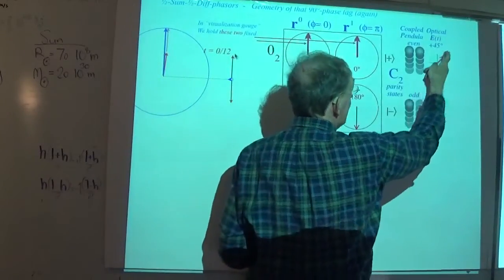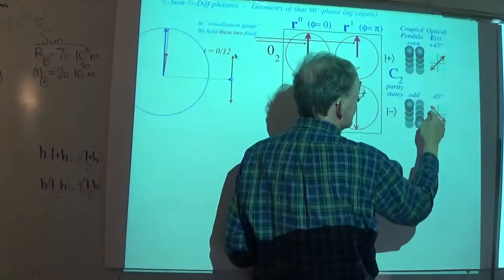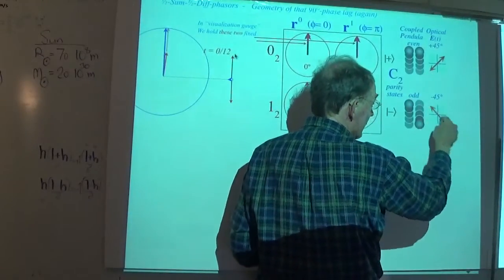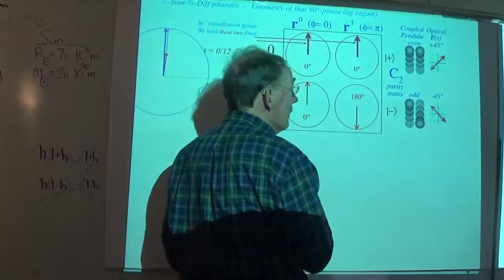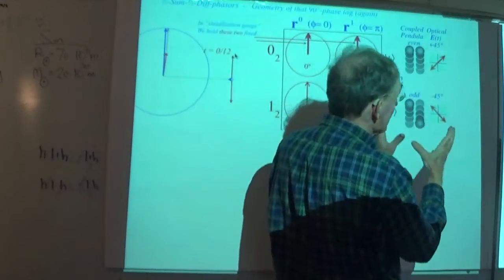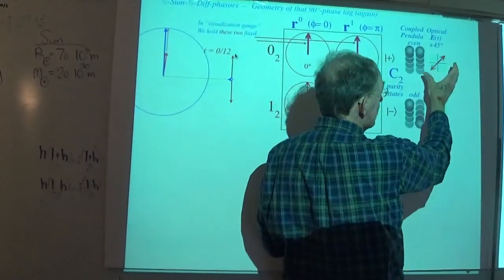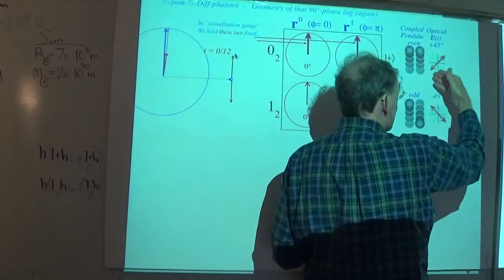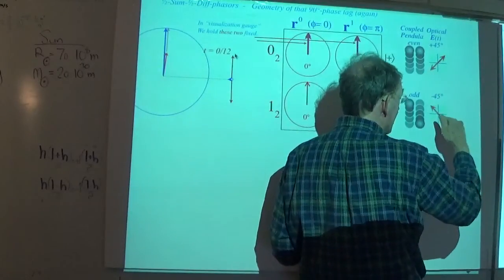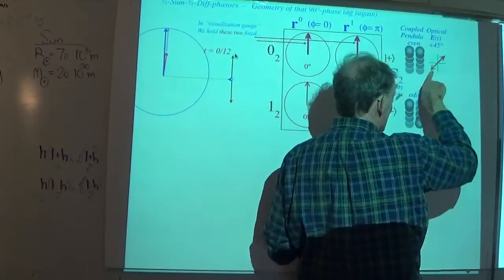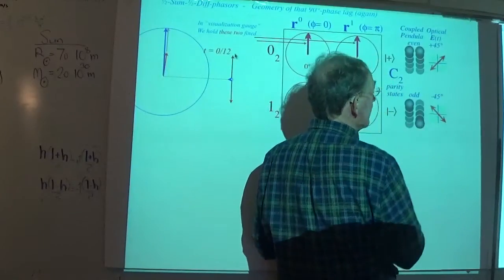So here's x equals y motion, here's x equals minus y motion. If you have a calcite crystal or any sort of birefringent object, there'll be a fast axis, a slow axis. Actually, the way we've been doing it, that's the slow axis, that's the fast axis.